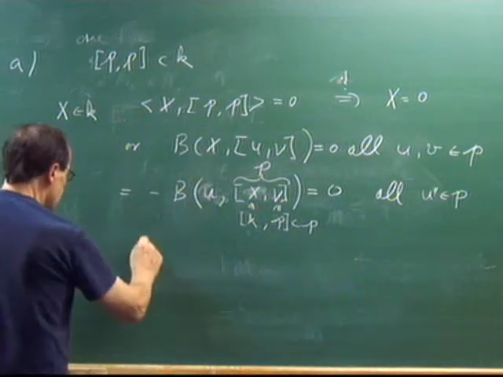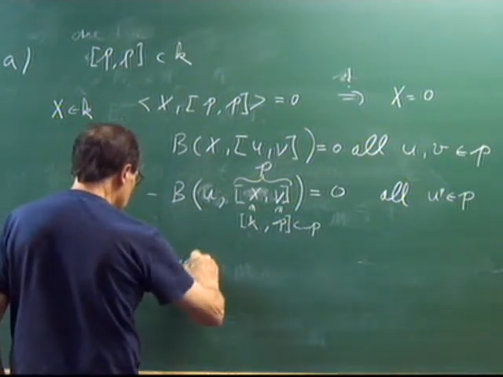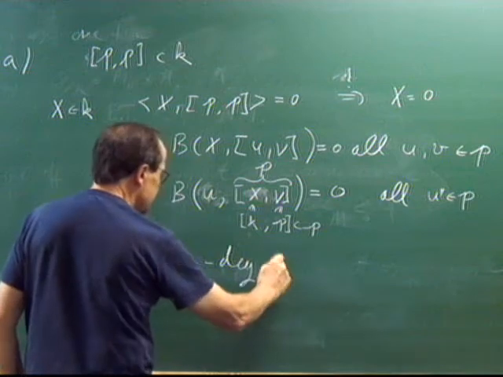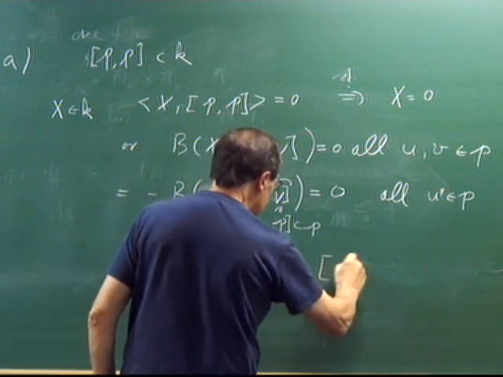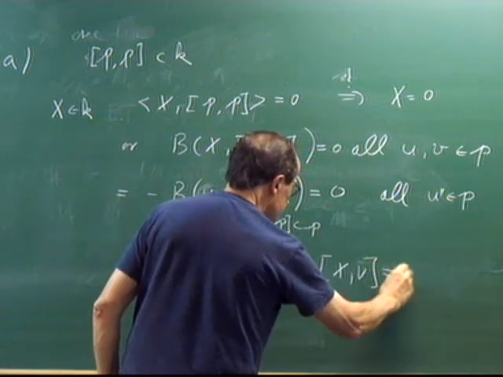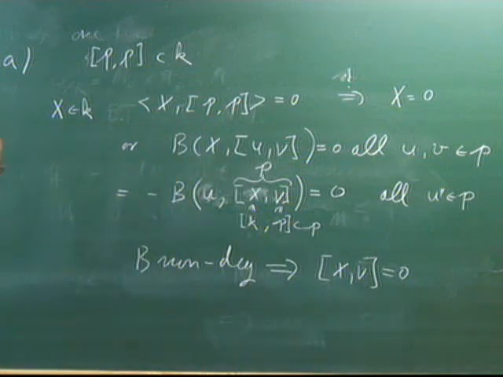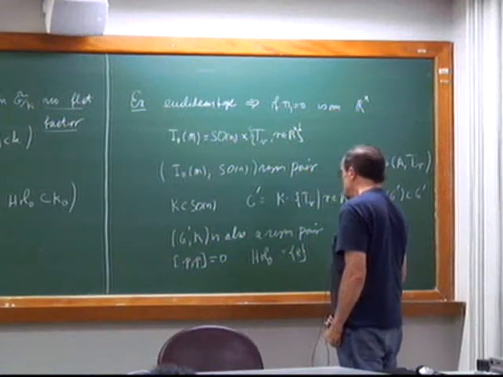But B is not degenerate because there are no Euclidean factors. So therefore it implies that the Lie bracket is 0. So notice also the non-degeneracy goes wrong in this example. Right here, what was it?